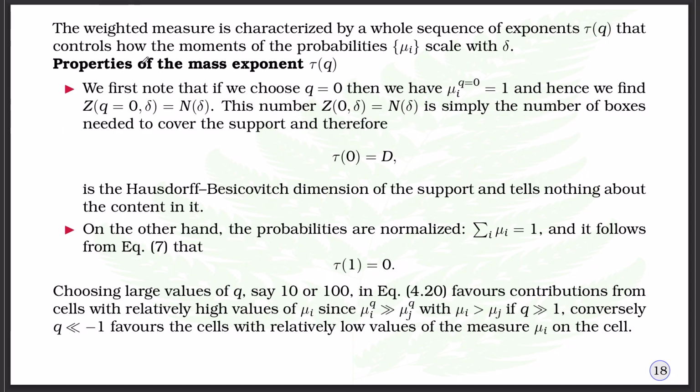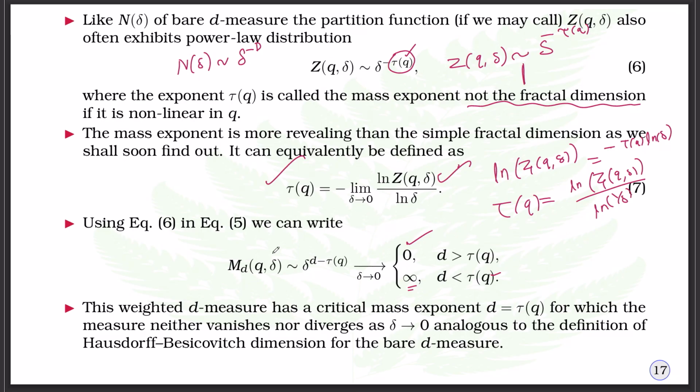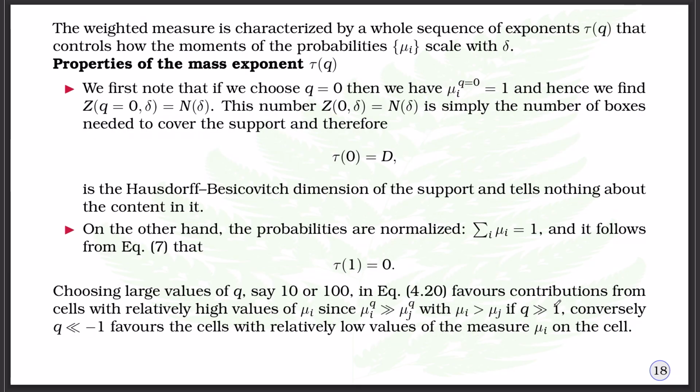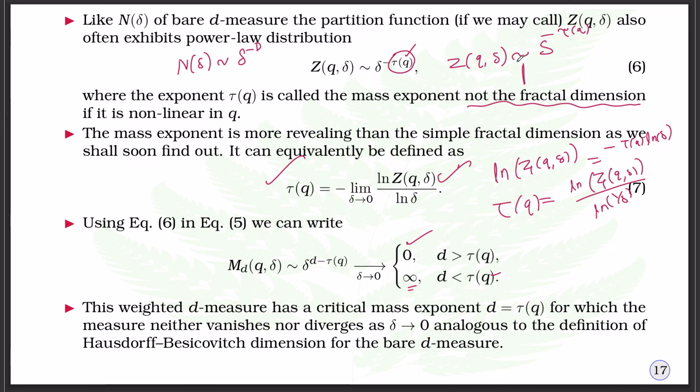Now the weighted measure is characterized by a whole sequence of τ(q). This weighted measure is characterized by τ(q), whose moments control how the moments of the probabilities μi scale with δ, because that is the μi^q we are defining.